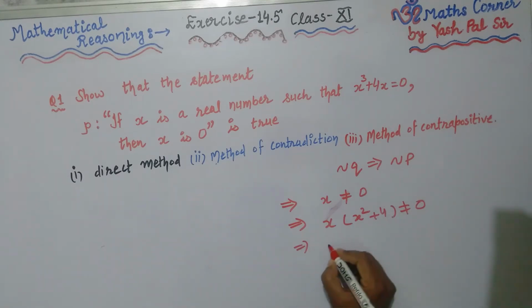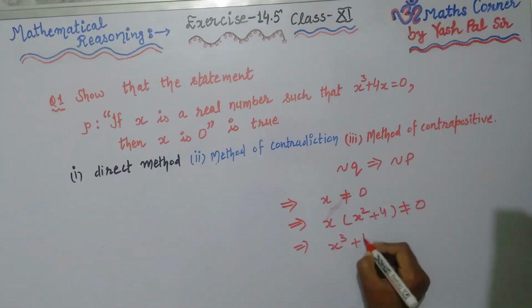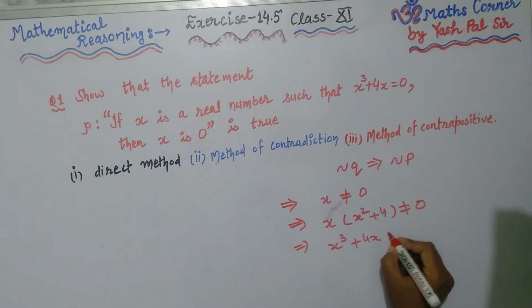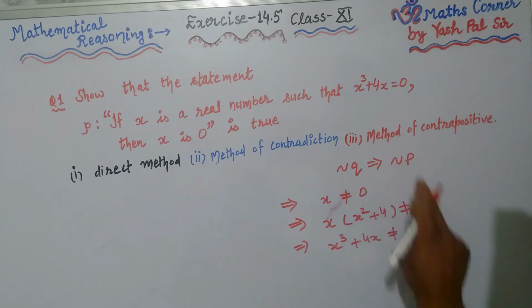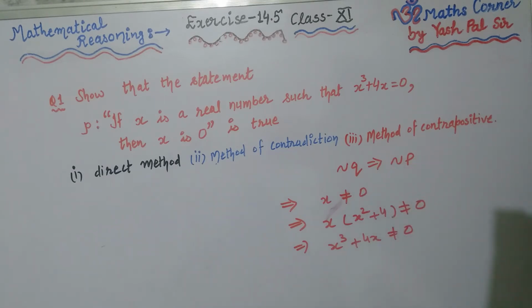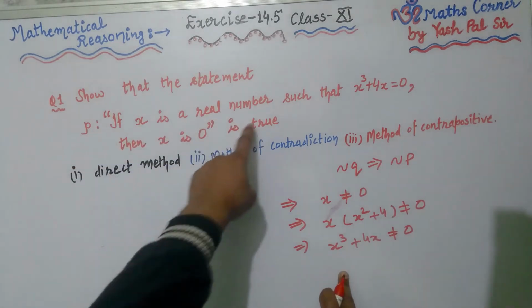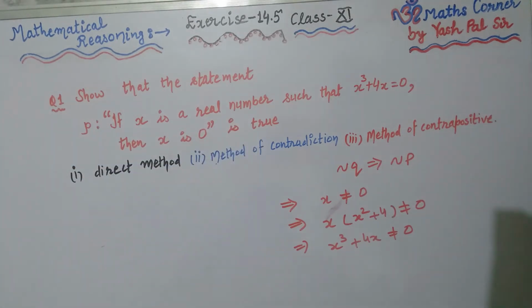This means x cube plus 4x is not equal to 0. So negation of q implies negation of p. So this way, this is proved. Okay, this is called the method of contrapositive.